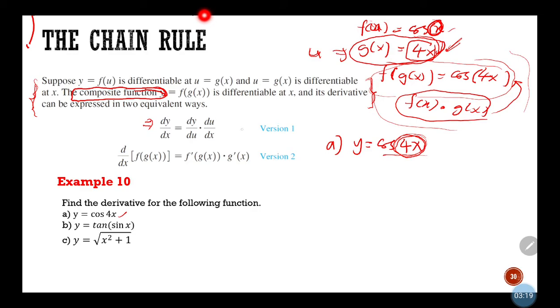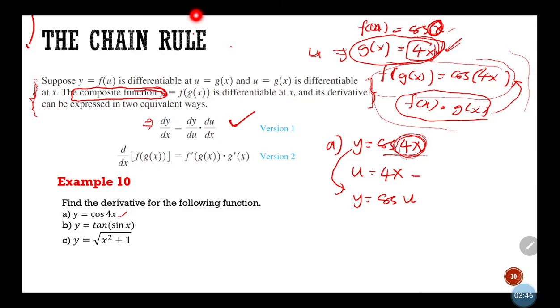Kita guna kaedah yang pertama ni. So cos of u inside here, we let u equals to 4x. So instead of y equals cos 4x, now we have y equals to cos u.